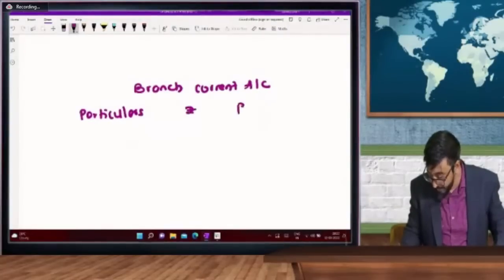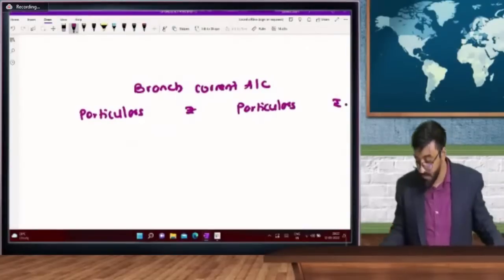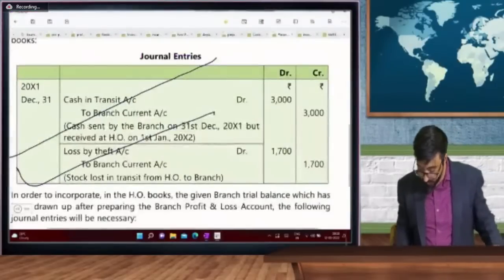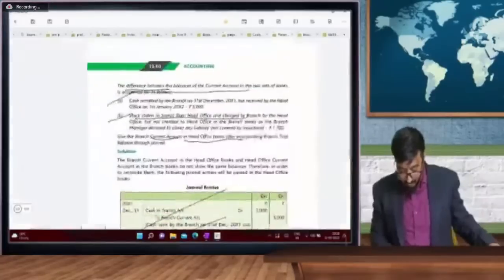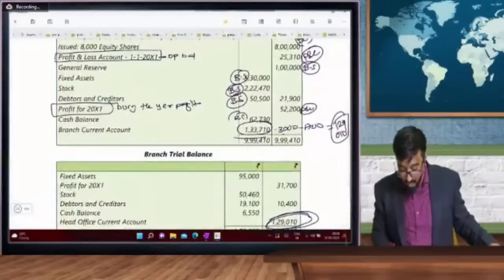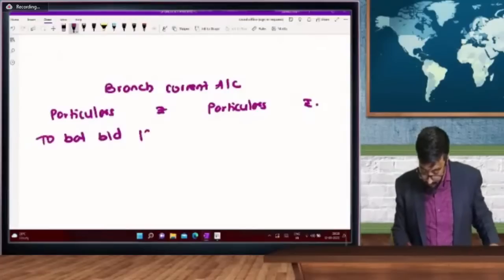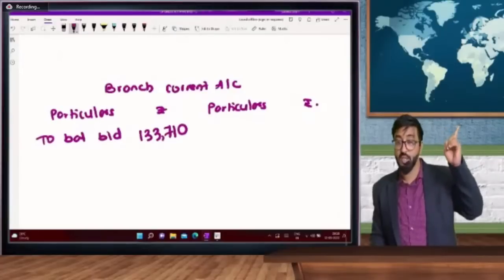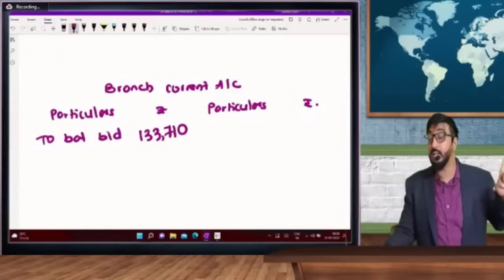Particulars, rupees. Please write it down. Particulars, rupees. To balance brought down. Now what is it in the HO books? All these entries are in the HO books: 133,710. In the last question, in illustration number 12, we saw entries in the books of the branch.